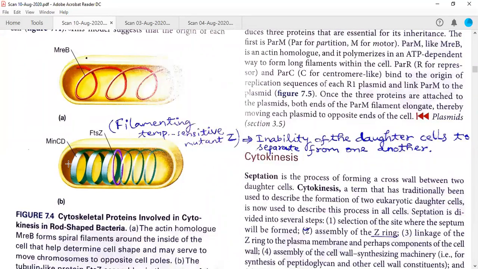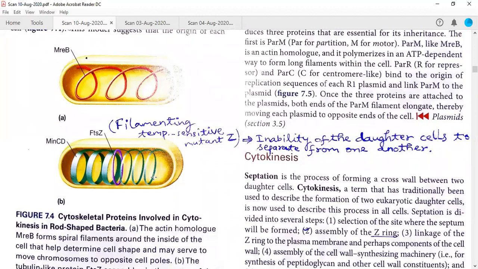One cell after division will be small, and the other daughter cell will be large in size. So to ensure that both cells are of equal size, MinCD holds the FtsZ ring in the center, so that the polymerization only takes place at the central position of the mother cell. So the daughter cells formed after division are of equal size.